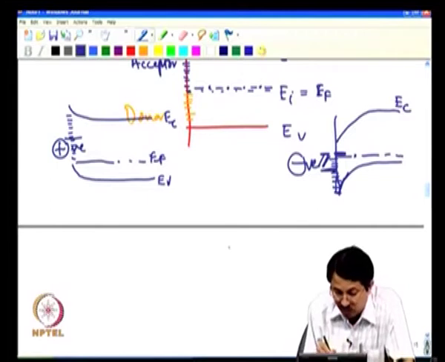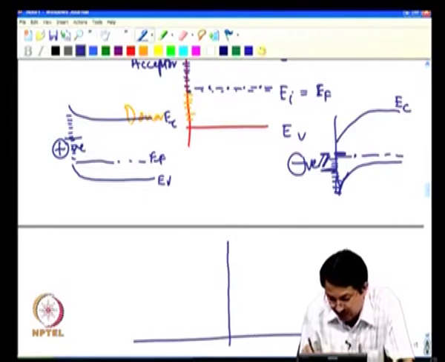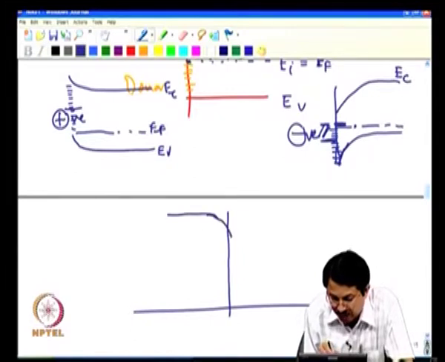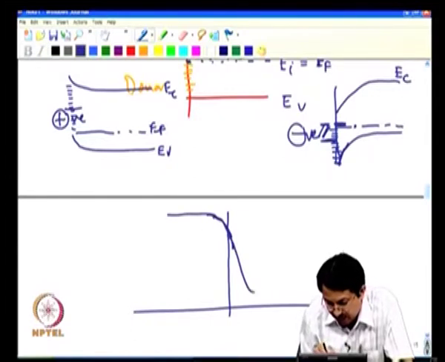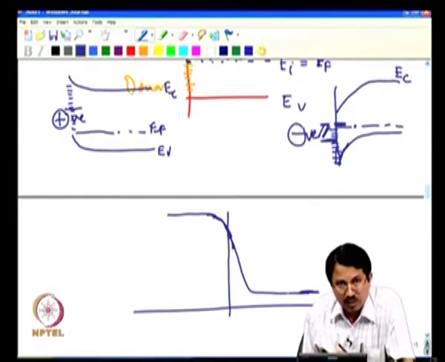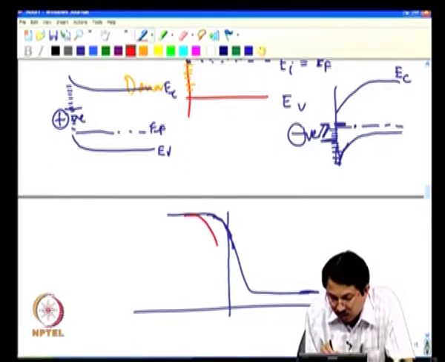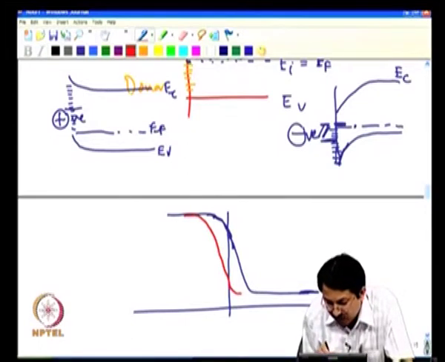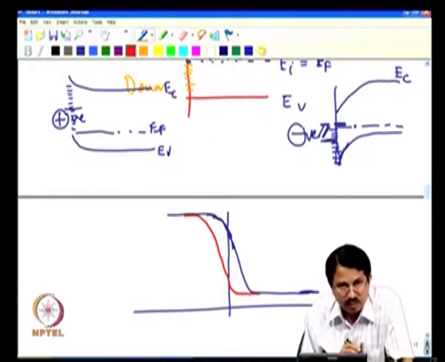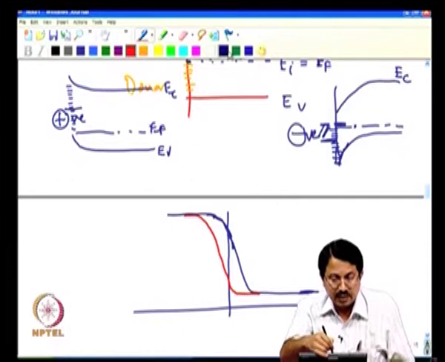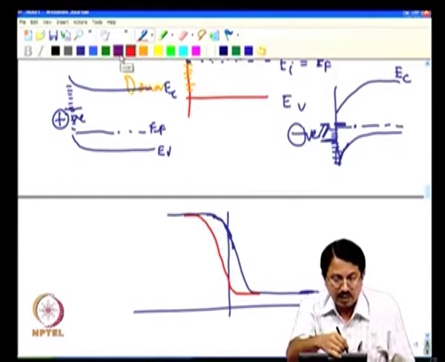Now again let us look at the capacitance voltage curve. Let us say this is my ideal CV with VFB equal to 0. If VFB is non-zero, this will probably have a parallel shift. Now, in case of interface states, what will happen? Okay.